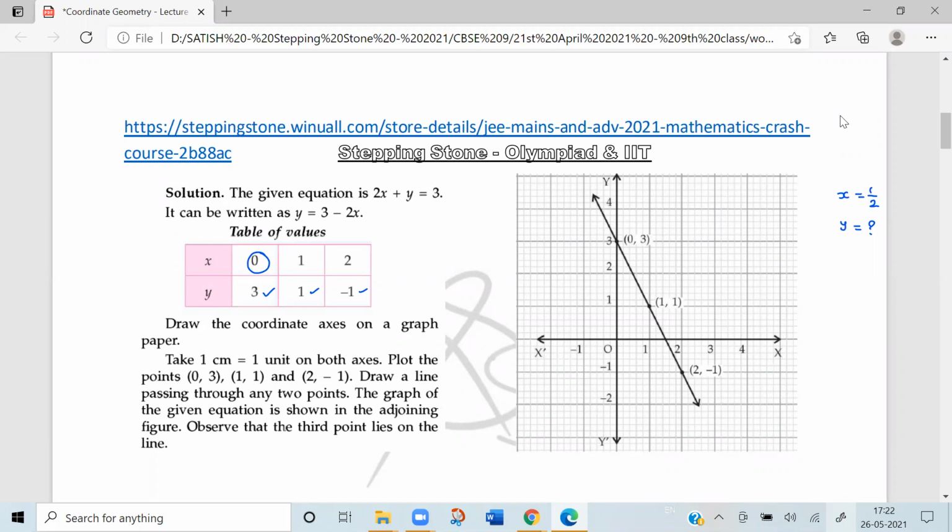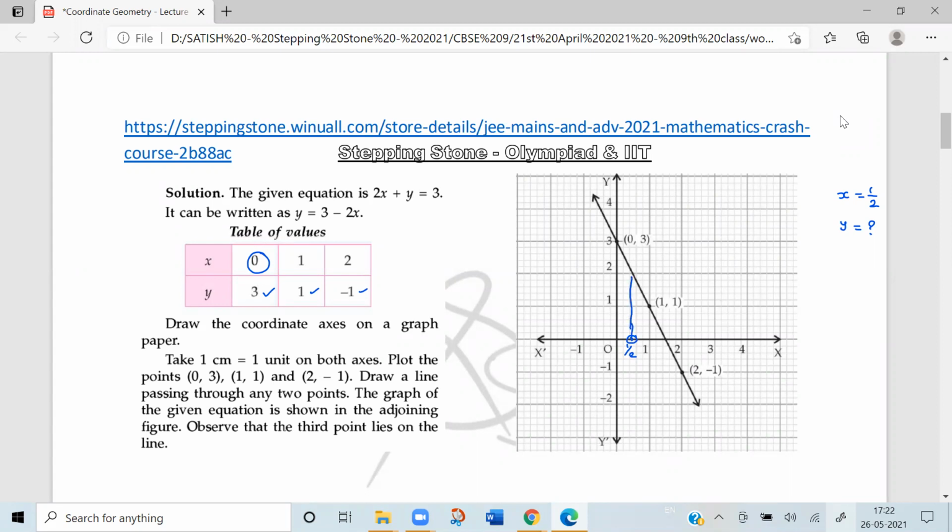Tell me anybody from the graph. Sir, 1 equal to 4. So when x equal to 1 by 2, that means this is 1 by 2 between 0 and 1. Now at this point, you draw a perpendicular to the x-axis.